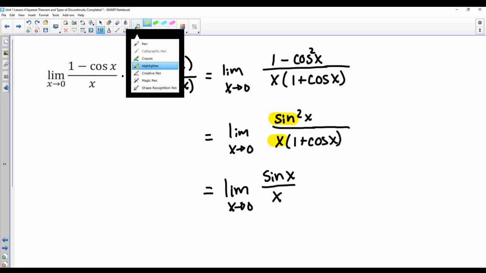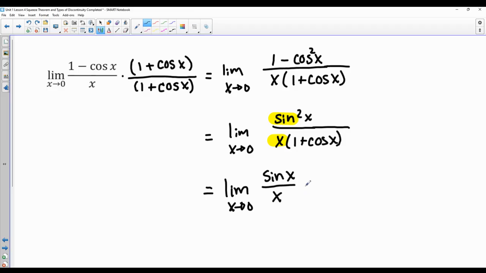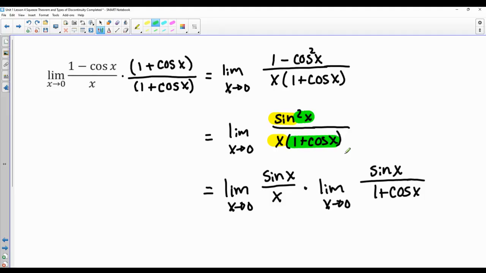So that allows us to then multiply by the limit as x approaches 0 of sine of x over 1 plus cosine of x, which comes from the other one of these and this.